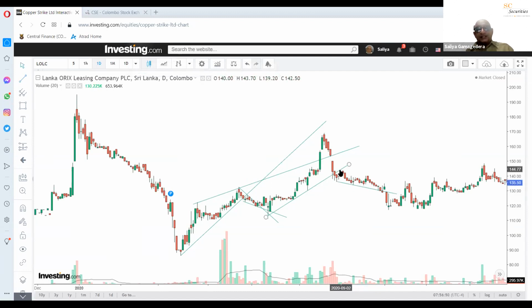Then I will be using this significant high and this significant high to connect the highs and which is going to be the resistance line. And you can stretch it as much as you want, right?